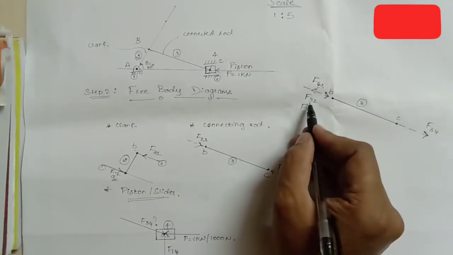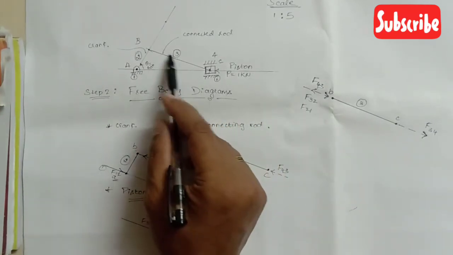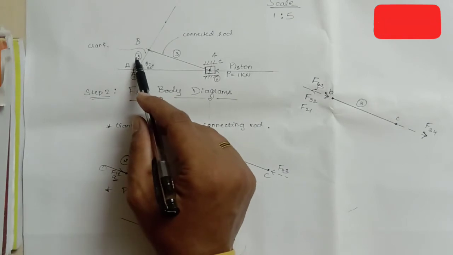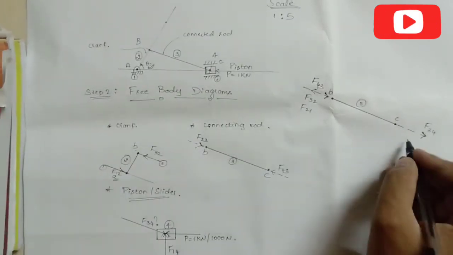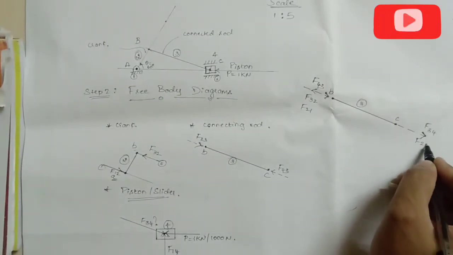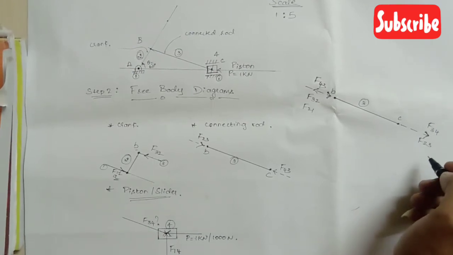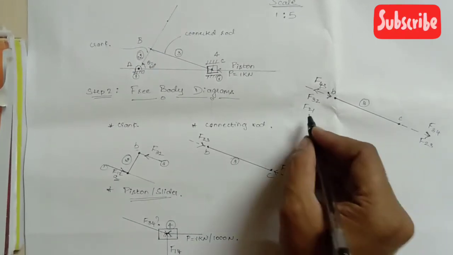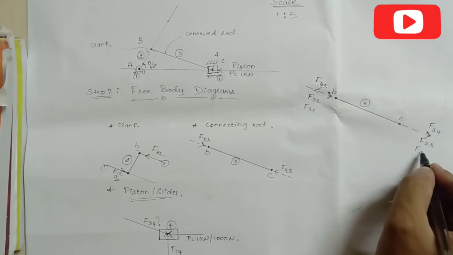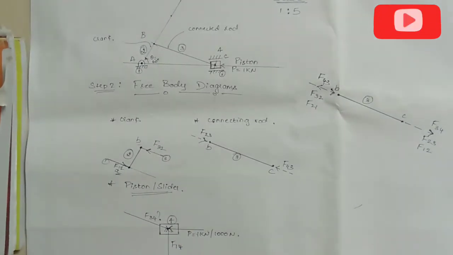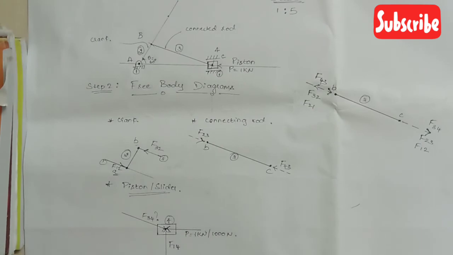F32 is the force exerted from 3 to 2, and there will be a certain force exerted from 2 to 3. That equivalent reaction force is given by F23, and I will represent it in this direction, moving towards the right. And last is F21. The equal and opposite force to this is F12. This is how the different forces are represented here.